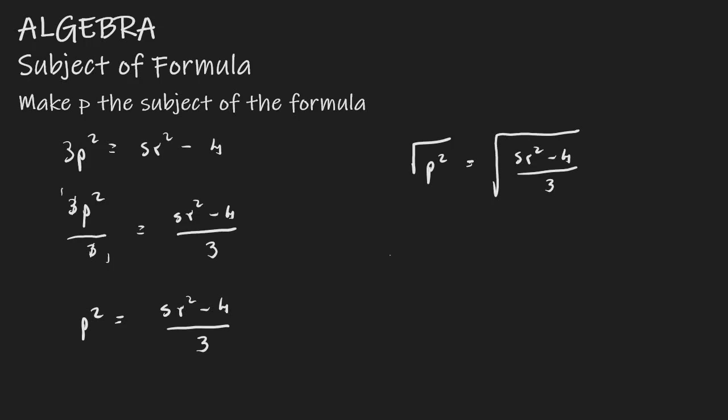I end up with p, because the square root of a squared term is the term, is equal to the square root of (s r squared minus 4) on 3. P is now my subject of formula, and it is equal to the square root of (s r squared minus 4) on 3. That is my answer.